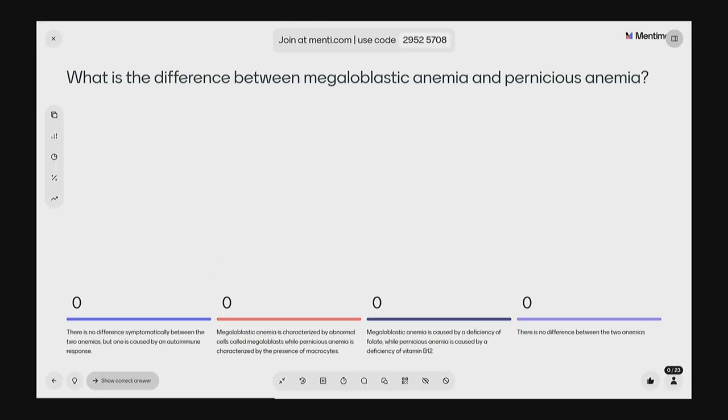Okay, so let's try this one. What is the difference between megaloblastic anemia and pernicious anemia?